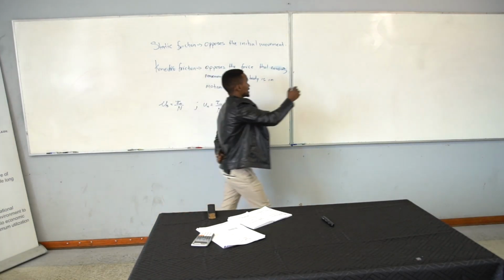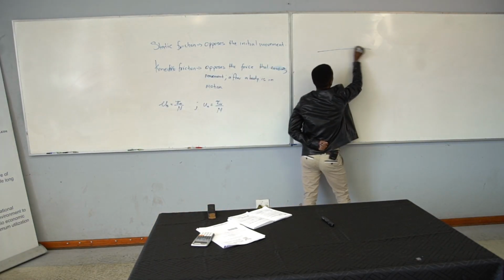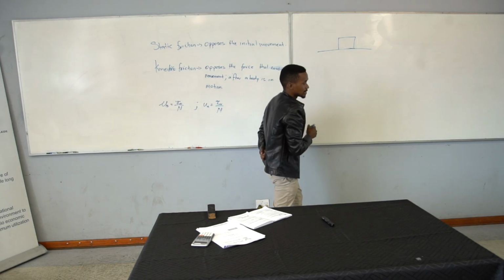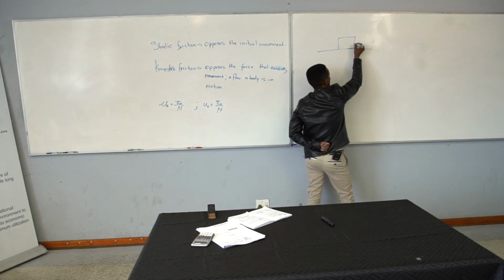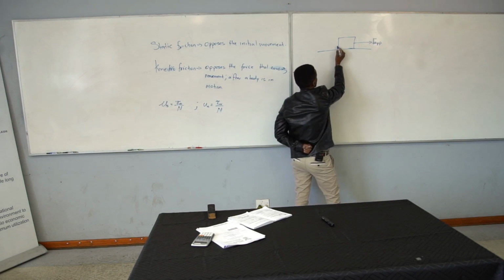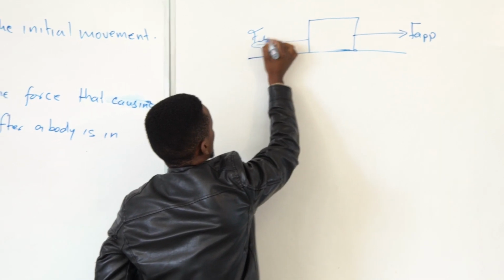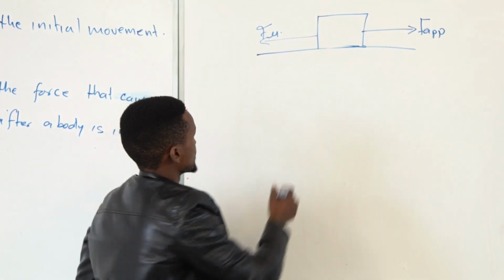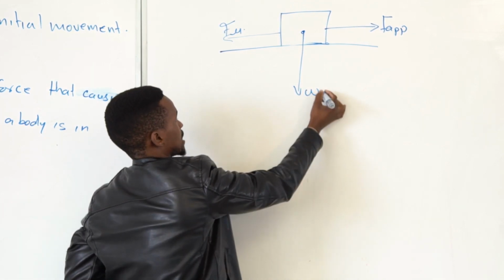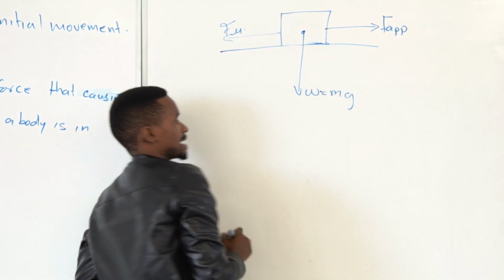For example, let's say we have a box on a plane like this. There's a force applied in that direction. Obviously, we're going to have the frictional force in the opposite direction. Then this is the weight of the object due to mass and gravity.